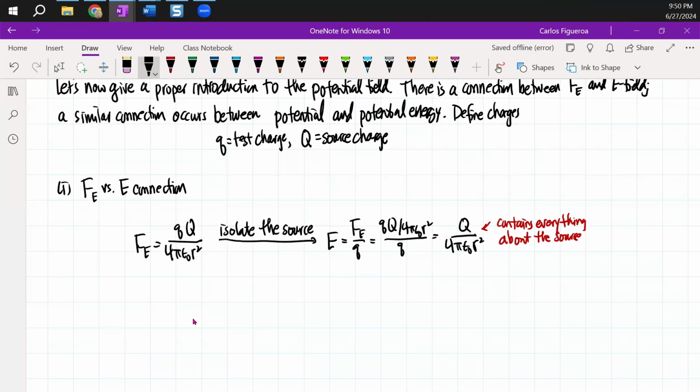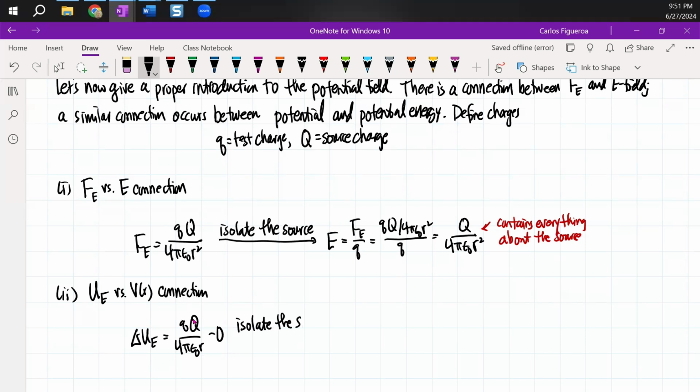In a very analogous way, we could say the same thing about potential energy versus the voltage or the potential connection. So our potential energy we've written as Q little q over 4 pi epsilon r, minus 0. So now, in a very analogous way, we isolate the source details.